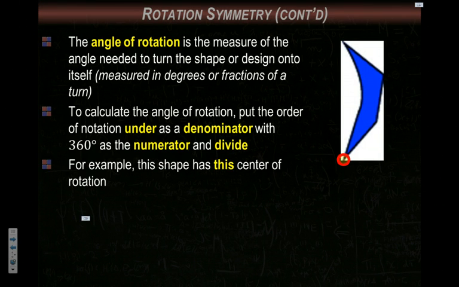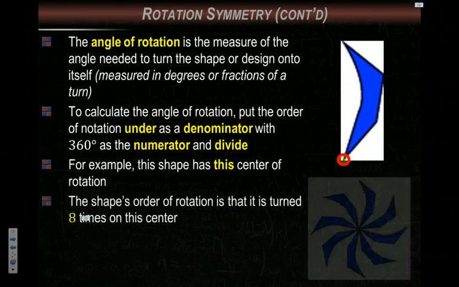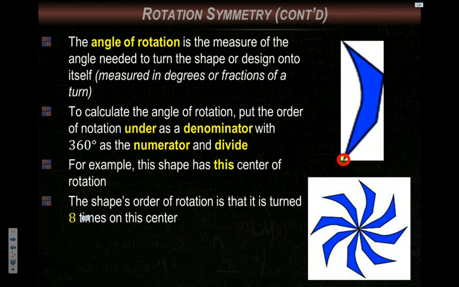So here's the shape. I made this shape, and I'm going to rotate it right here on this point. Okay, so that's the shape itself, and I'm going to rotate it there. Okay, so here it is, and I've rotated it 8 times along its center of rotation. So the question is, what angle did I rotate it on?